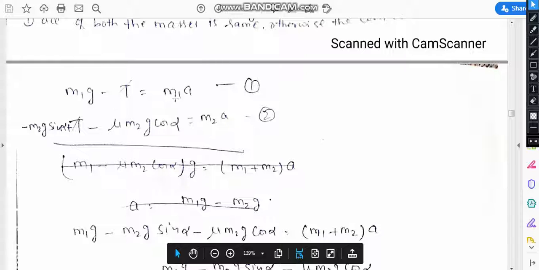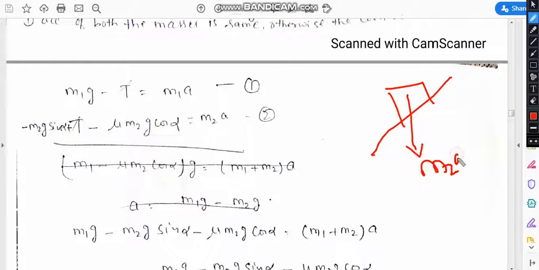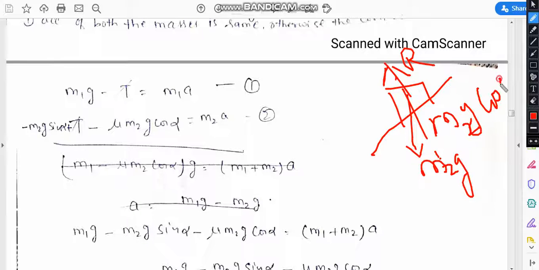The first expression is m1g minus T equals m1a, and the second expression is nothing but m2g sin alpha, because in this case m2g is in this direction and R is in this direction, with m2g cos alpha and here sin alpha.